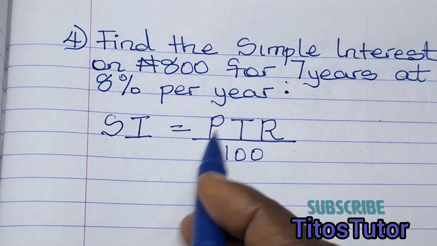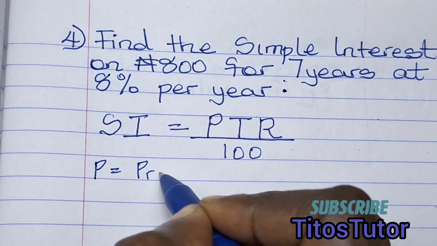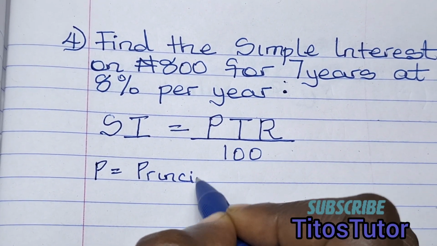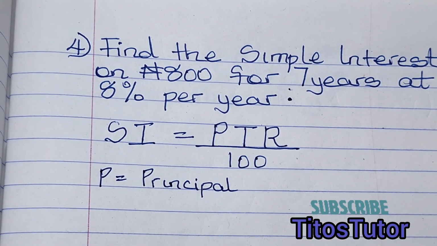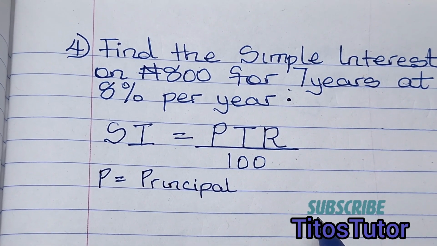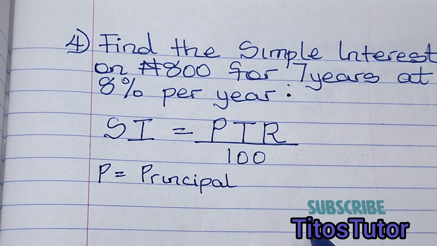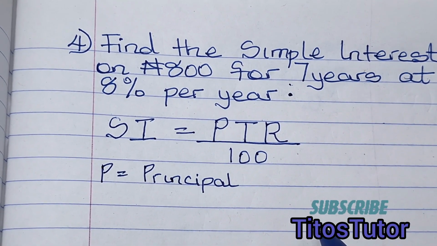SI for simple interest, P is principal, which is the amount you invested, the amount you saved, the capital that started whatever it is you wanted a simple interest on, right?